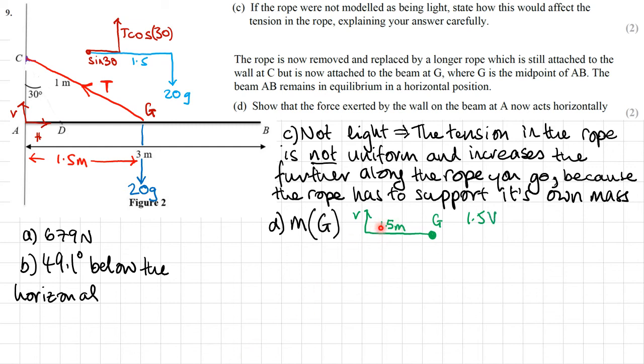Now if that's the only moment and this thing remains in equilibrium, that means that the 1.5 V must be equal to 0. That's the only way it's going to balance out.